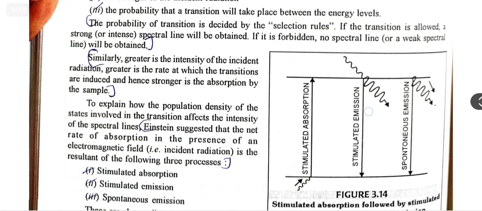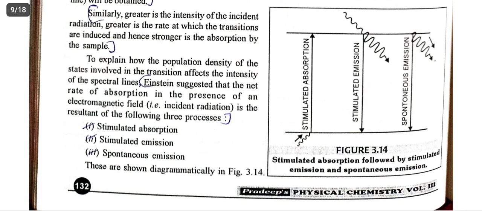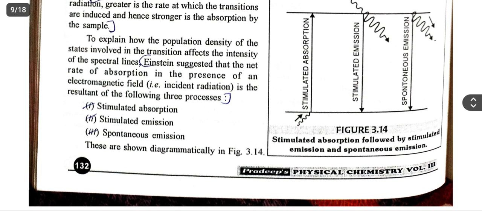To explain how the population density of the states involved in the transition affects the intensity of the spectral line, Einstein suggested that the net rate of absorption in the presence of an electromagnetic field is the resultant of three processes: stimulated absorption, stimulated emission, and spontaneous emission.